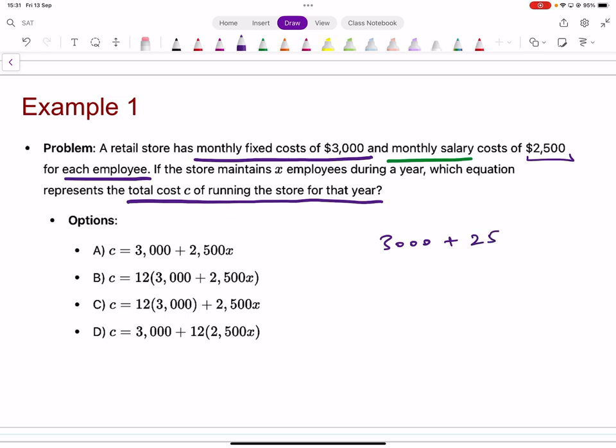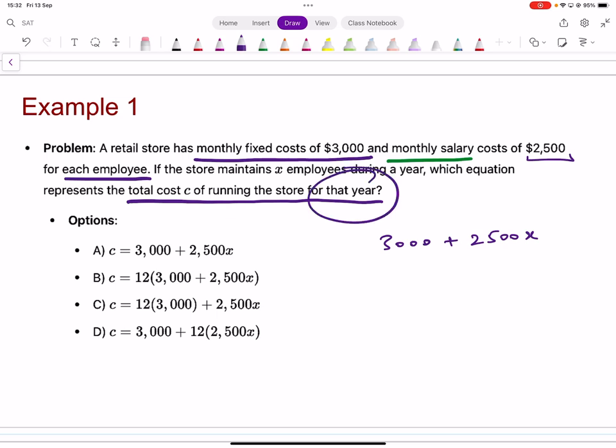So we'll say 2,500 times the number of employees that you have. What's the number of employees? The number of employees is X. So 2,500 times X is going to give you the variable cost for each employee. If you have one employee, the cost is 2,500. If you have 4 employees, it's 2,500 into 4 and so on. So this is what the equation would become for 1 month: 3,000 plus 2,500 times X.